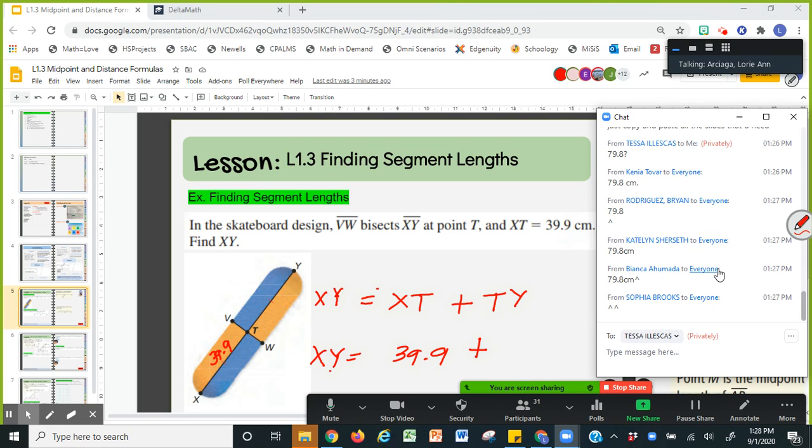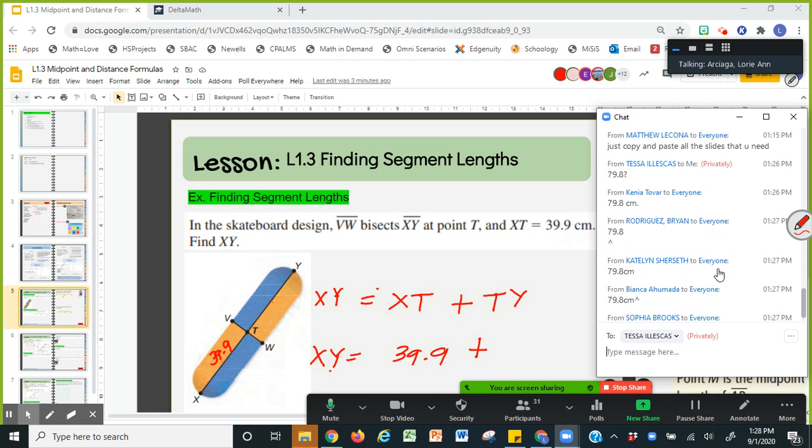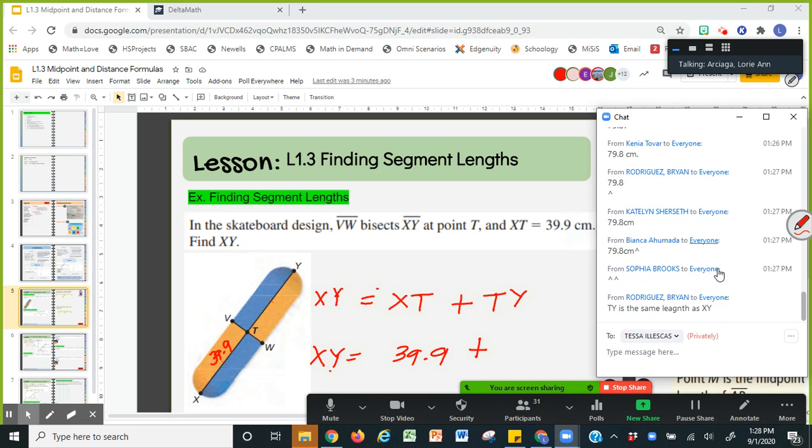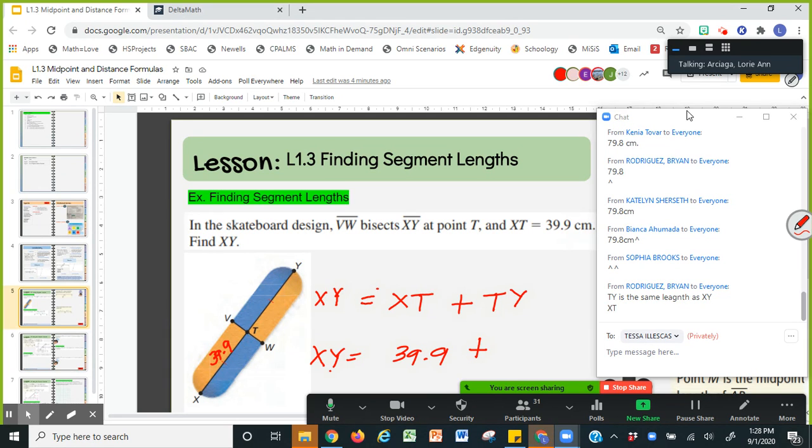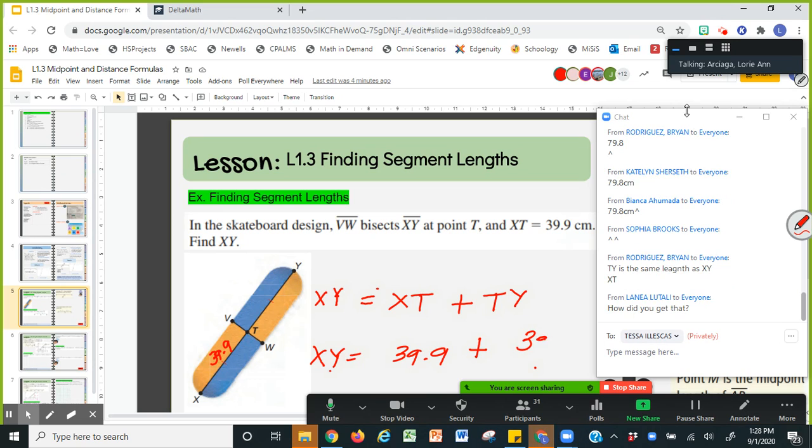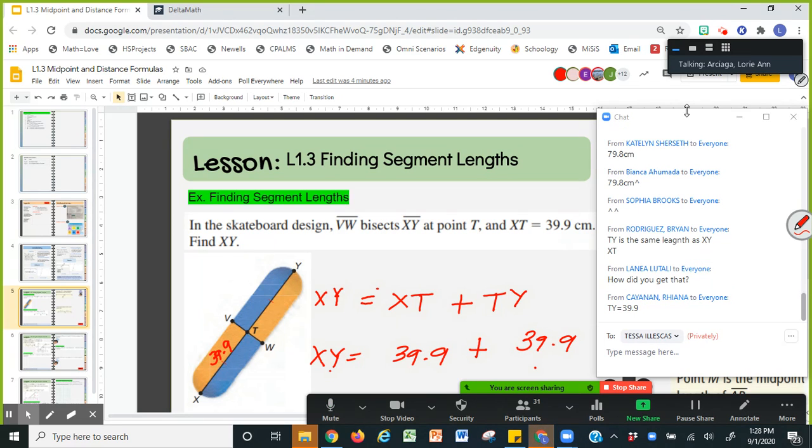So TY is the same length as XY? Are you sure? Or XT, Brian? Maybe you meant XT. Yes, you guys are right. So for TY, it's also going to be 39.9.